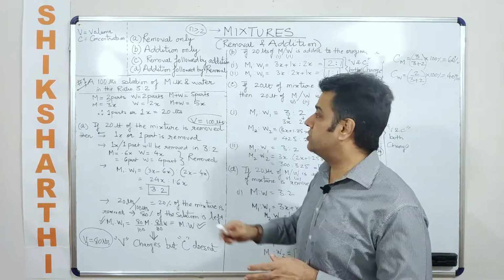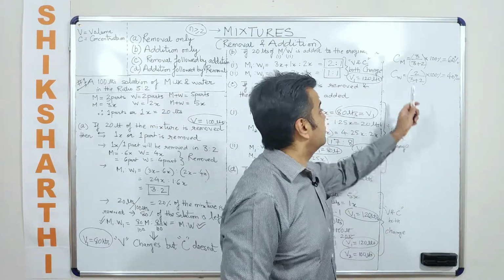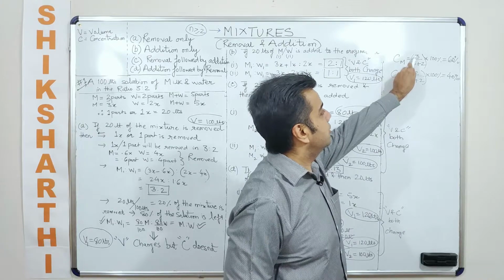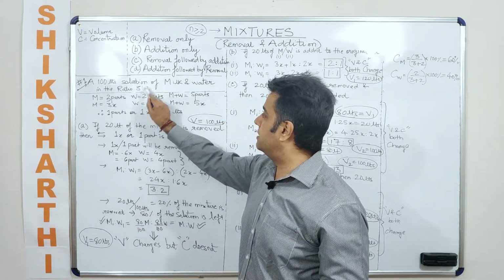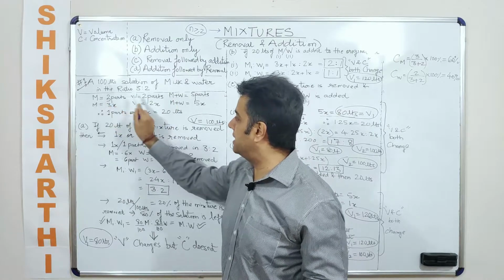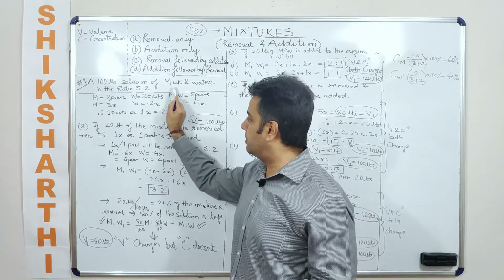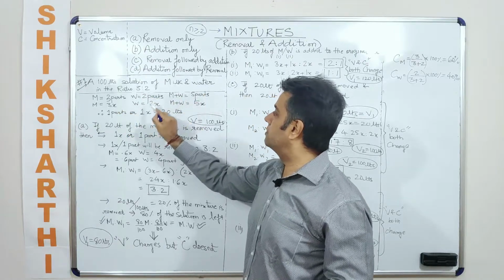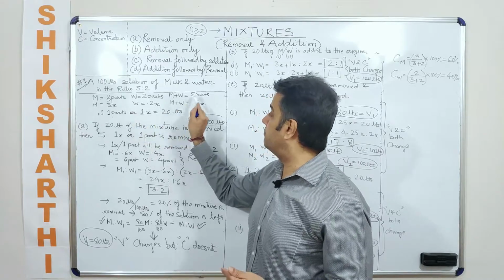Now what is concentration? If I talk about the concentration of milk, it is nothing but the volume by parts. Now what is the volume by parts here? We have 3 parts of milk and 2 parts of water. Or this can be understood as the volume of milk is 3x and the volume of water is 2x. What is the total volume here?